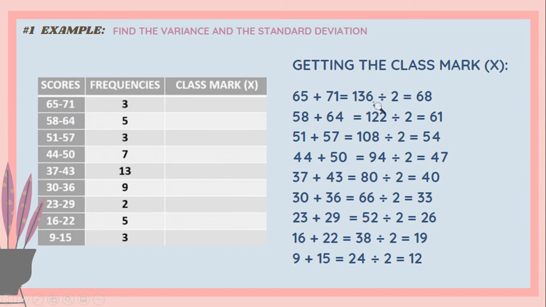So 136 divided by 2 is equal to 68, and so on. 58 plus 64 is equal to 122, then divided by 2 is equal to 61. 51 plus 57 is equal to 108, then divided by 2, so it will be 54, and so on. Same process to get the class mark.